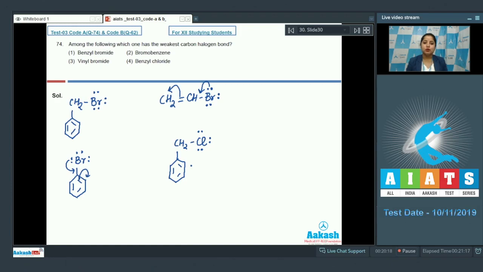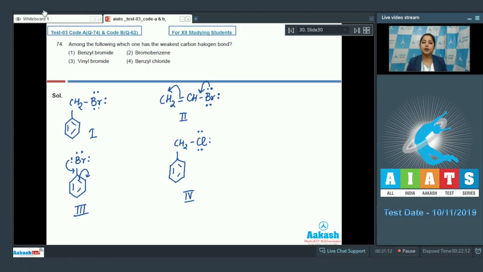Students, in this case also, the lone pair of chlorine is not participating in resonance. As a result, we only have to compare between option number 1 and 4, because in case of option number 2 and 3, the C-X bond has partial double bond character, and because of which the bond strength of carbon and halogen has increased.